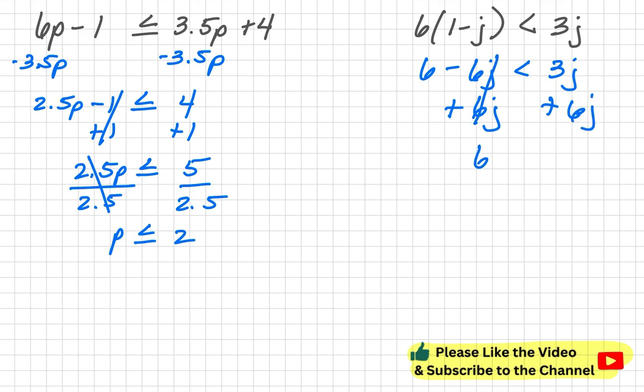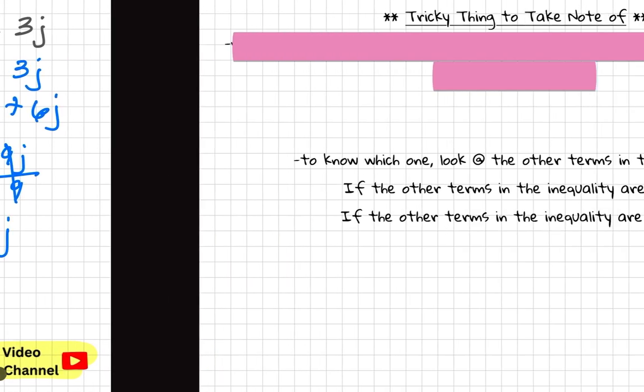That cancels, and then I have 6 is less than 9j. Divide by 9, divide by 9. So then I have j, and I can either write it as 6 over 9. I'm going to simplify it, and I'm going to put 2 over 3. But you could write 6 over 9, and that would still be correct as well.